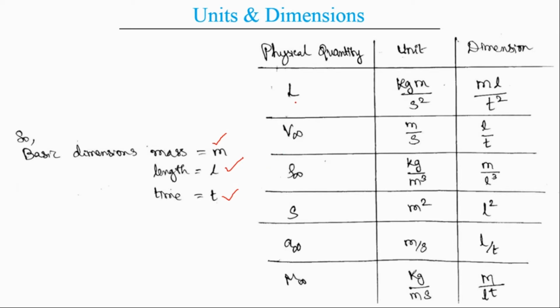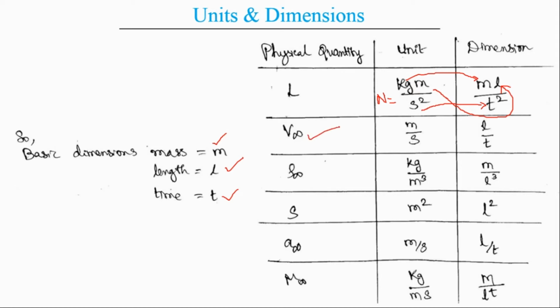For physical quantities, as we see, the unit of lift is Newton, or can also be termed as kg meter per second square. So for mass, I am replacing the term with m. For length, that is meter, I am replacing the term with L. And for time, here it is in seconds, so I am replacing it with t square.